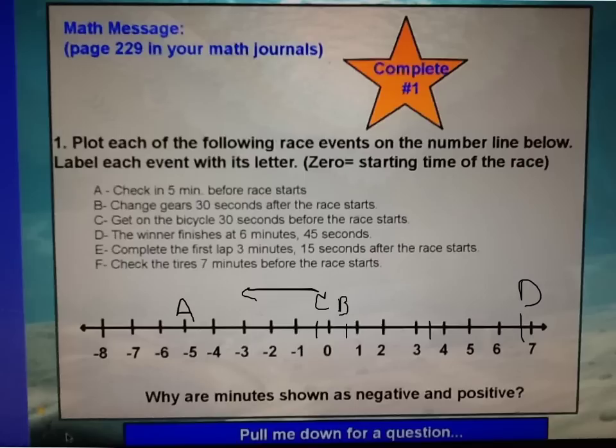So after the race starts, we have E. And last one, check the tires 7 minutes before the race starts. That sounds like always a good idea. Hate to go out on a race with flat tires. So 7 minutes prior is going to be down in this region, or the counting down before the race.